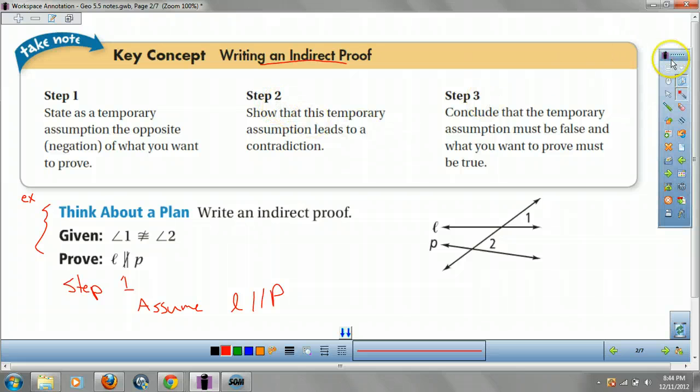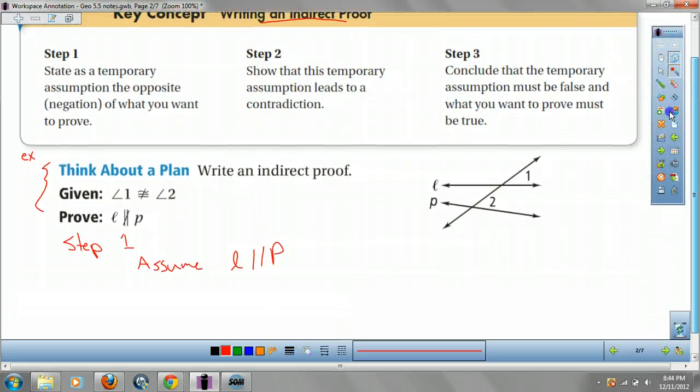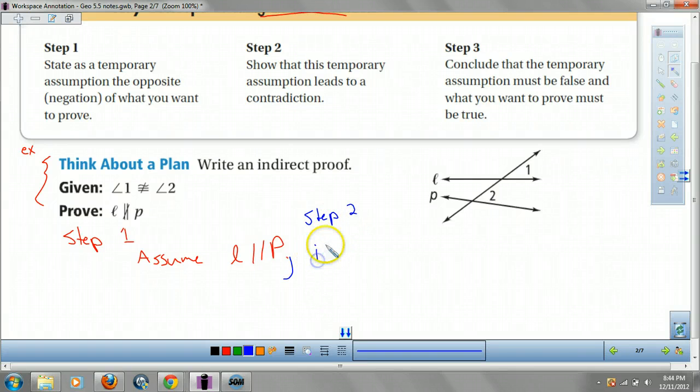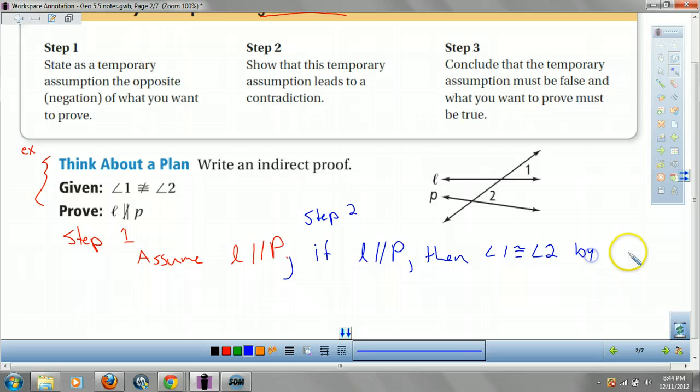Step 2. Show that this leads to a contradiction, because we know the given is true. So if L is parallel to P, then angle 1 is congruent to angle 2, because corresponding angles of parallel lines crossed by a transversal are congruent.